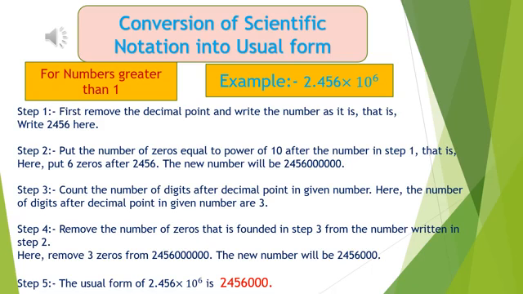It means you will remove 3 zeros from the number written in step 2. So your new number will be 2456000. So the usual form of 2.456 multiplied by 10 raised to the power 6 will be 2456000. See how easy the conversion is.